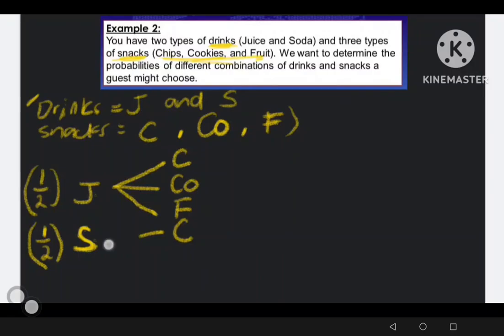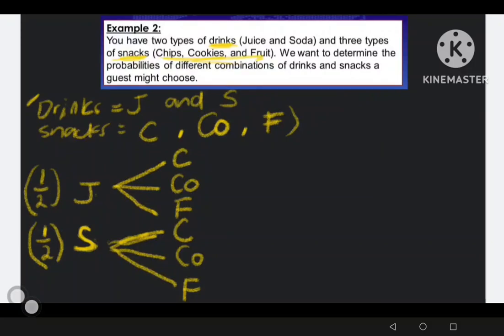Again, we have cookies and fruit. So let's get first the probability of these snacks. We have again 3 given snacks. So let's start here. Okay?